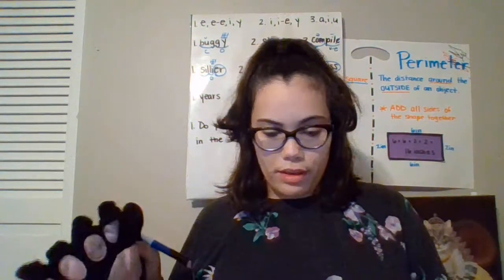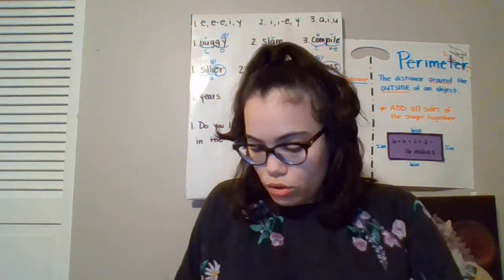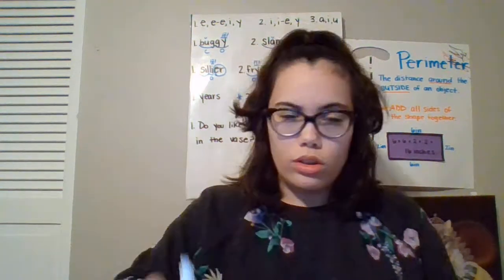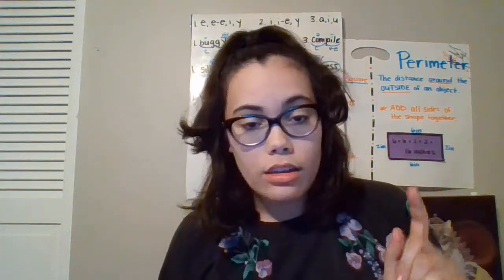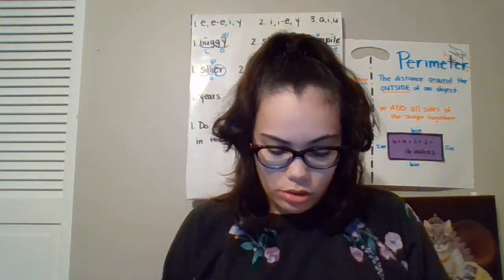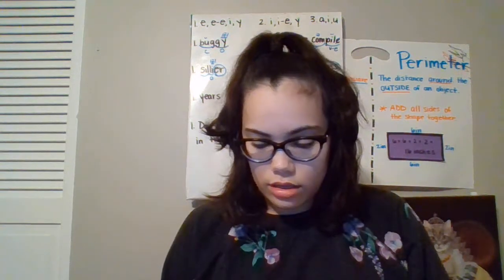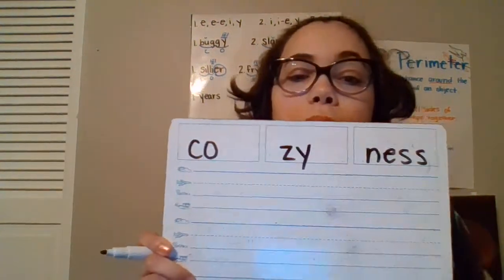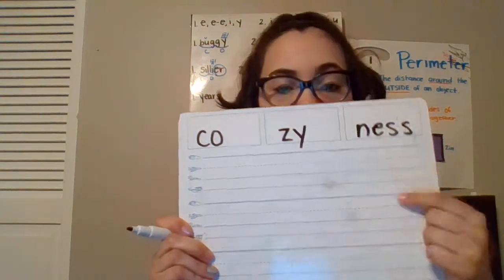Okay, so on your paper, let's just practice the marking part. I want you to do the word coziness, and babyish. So coziness, just like this. Spell it the way you would have to regularly spell it.